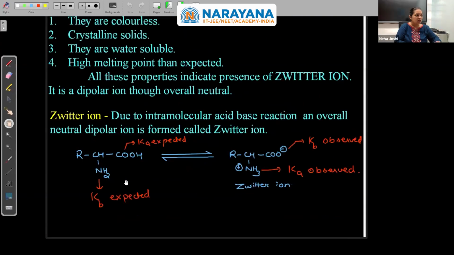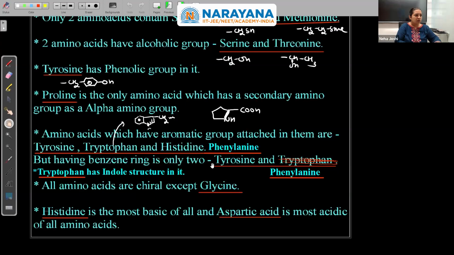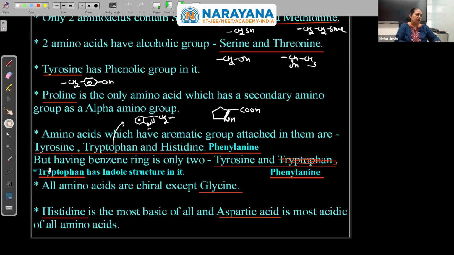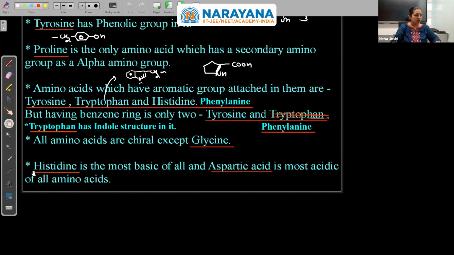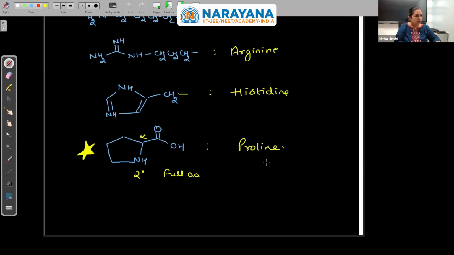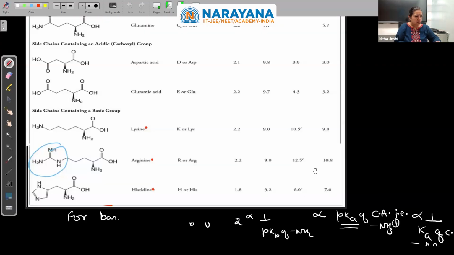Next slide, bottommost point. Yes, here. No, here I should put arginine. Certainly arginine. Arginine is the most basic one. 10.8 is of the same. Okay. Thank you, Meher, for correcting us.